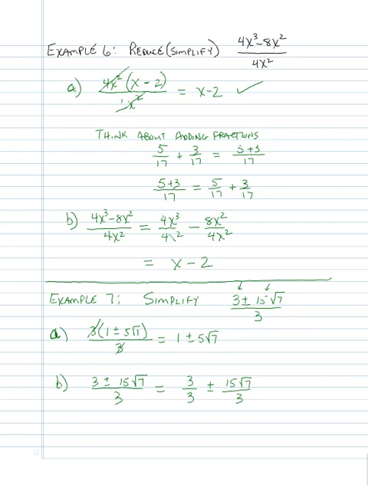Well, of course, the 3 over 3 is simply 1, isn't it? And that 15 over 3, we can think of 15 as 3 times 5, and so this 3 will cancel, and so we're left with a 5 root 7, and you see we get the same result. So that's an important recognition that we could simplify this using a couple of different techniques, but we will get the same result.